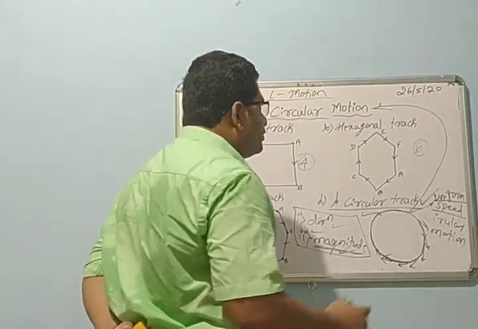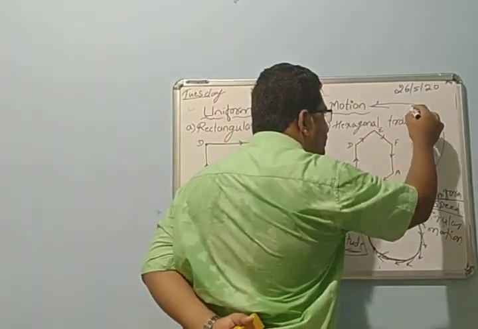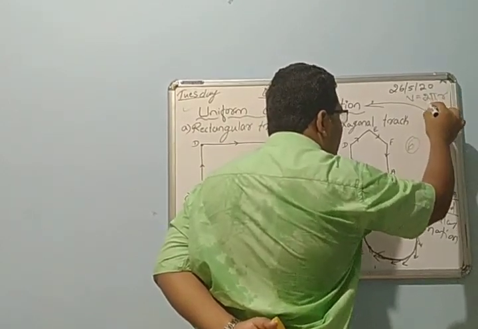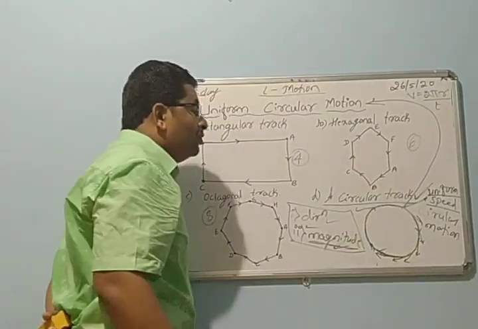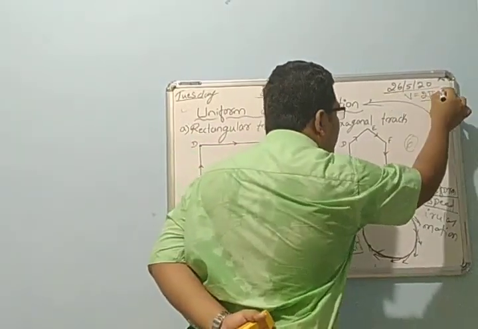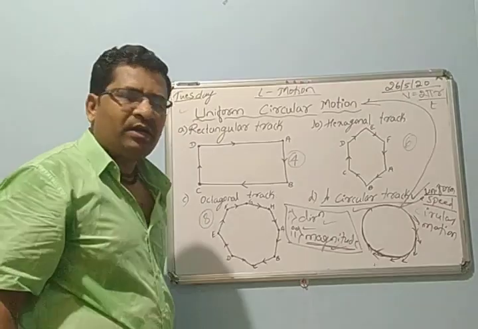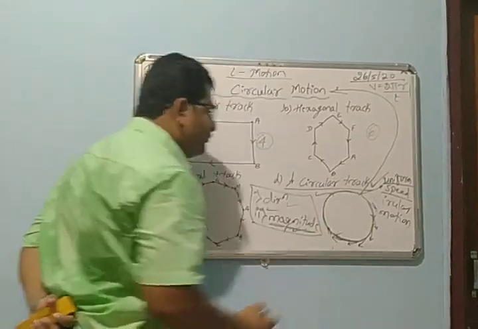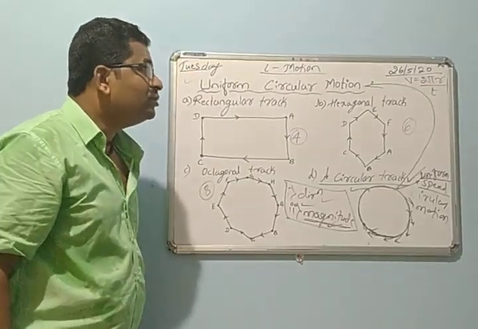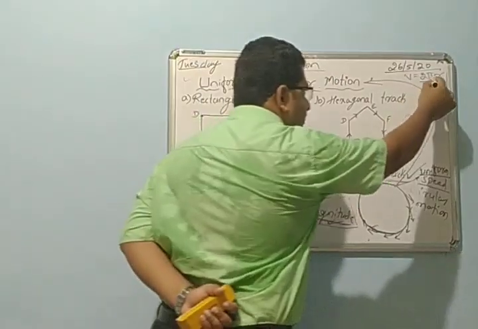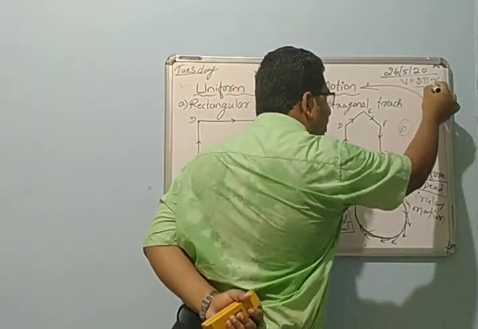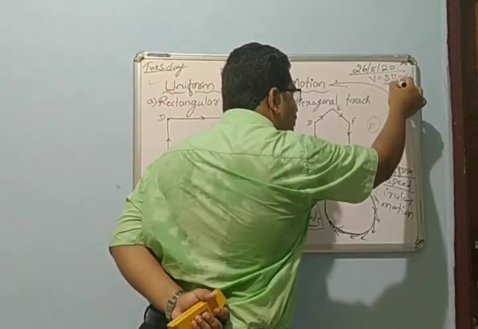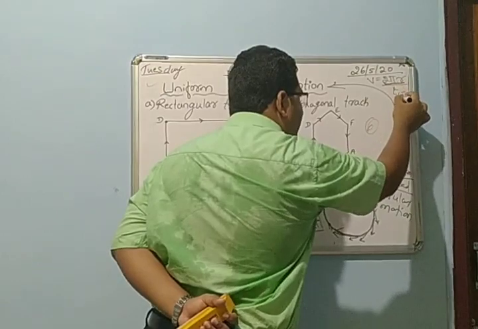And if the question comes to calculate its velocity, the formula is v equal to 2πr by t. 2πr is the formula to calculate the circumference of the circular track or circular path, and t is the time. Velocity is displacement by time taken, so the total displacement 2πr by time t.